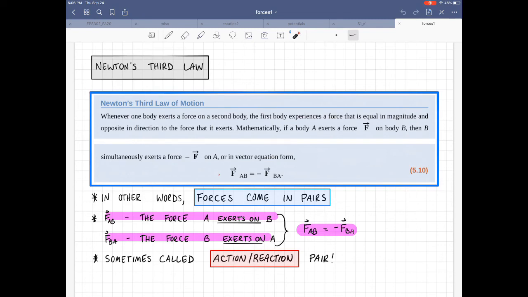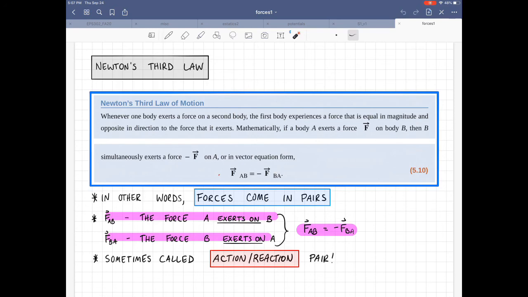The basic idea here is that anytime an object experiences a force, that object exerts the same magnitude force on the applying object but in the opposite direction. Sometimes you may have heard this as every action there's an equal and opposite reaction. Sometimes Newton's third law is known as the action-reaction pair.